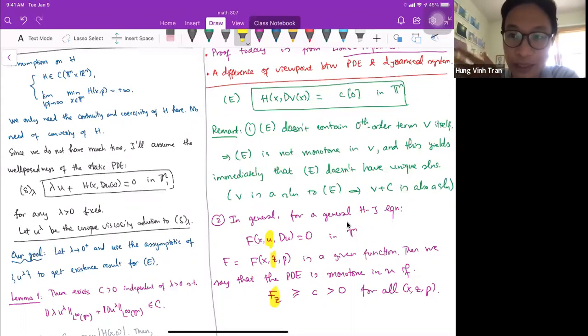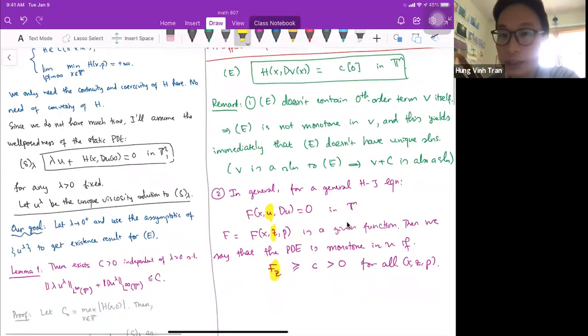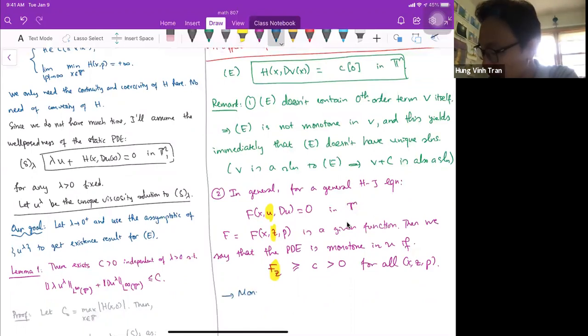So it has to be monotone in u. Typically for this kind of PDE, monotonicity in u implies the uniqueness of the viscosity solution.